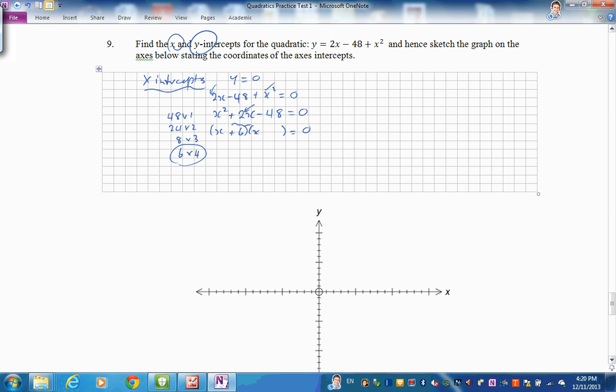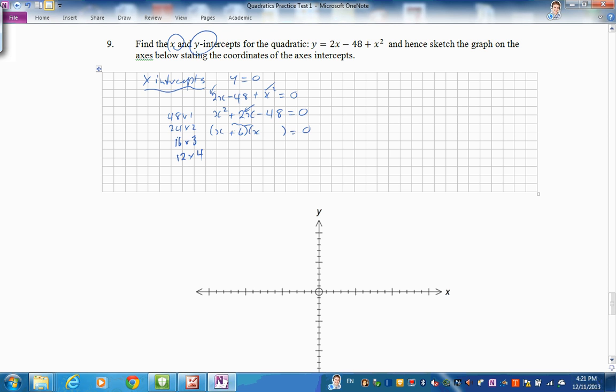Hang on, what have we got here? 48. Oh, 6 and 4 is not right. Should be 6 and 8. I've gone backwards here. So when we put in 3, should be 16 and 3, and then 12 and 4.